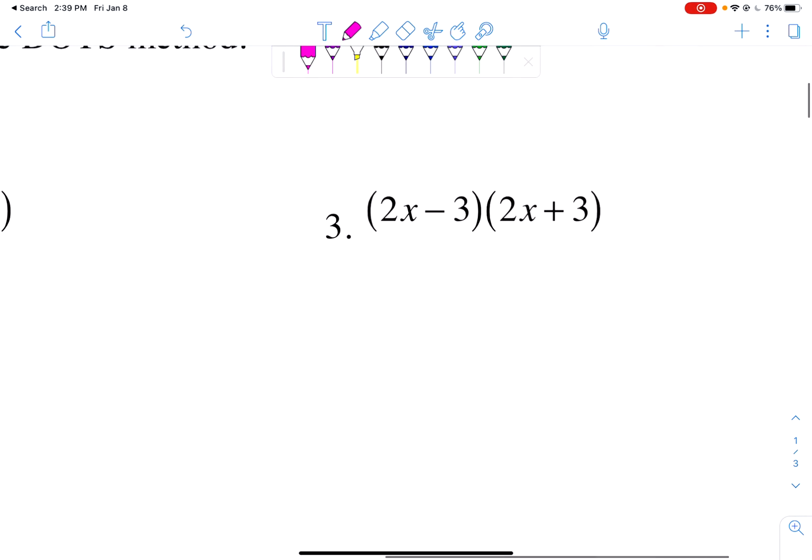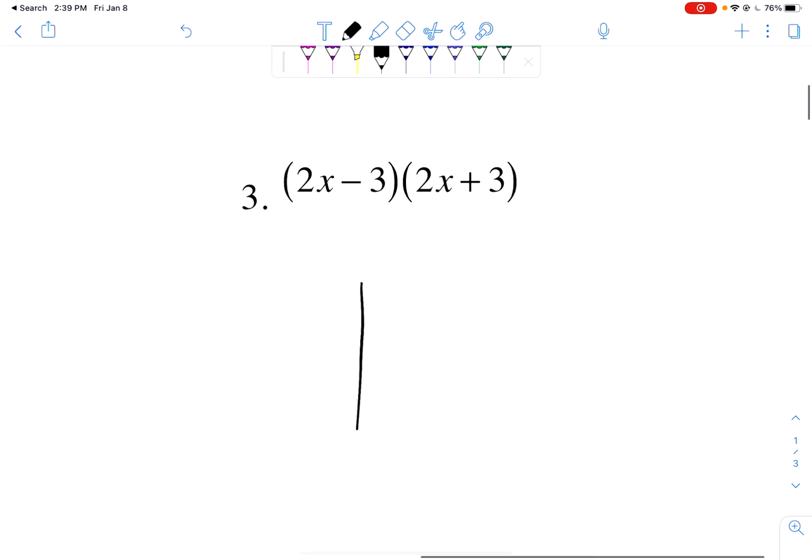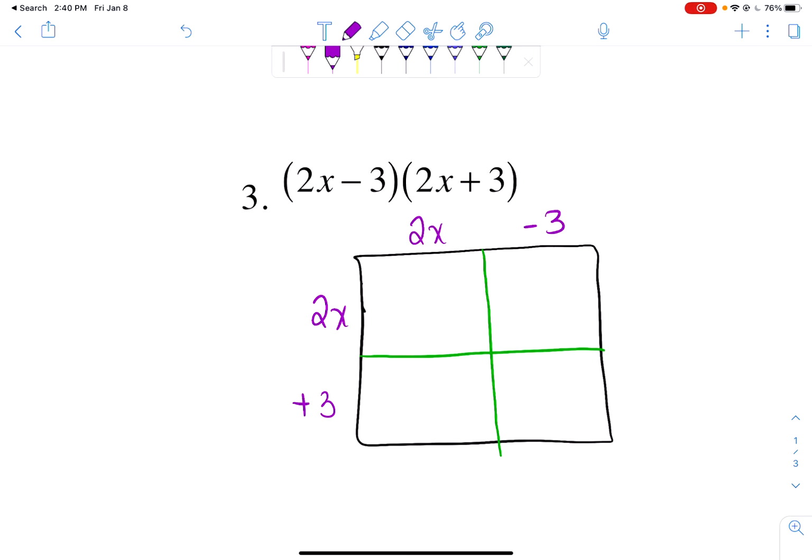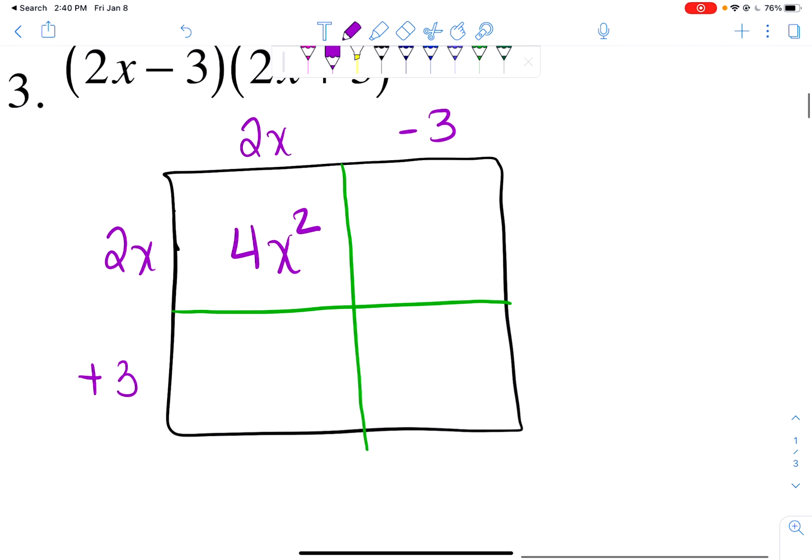Let's look at this next example where I have 2x minus 3 by 2x plus 3. Draw your box, make it perfect, nice and neat. So 2x minus 3, 2x plus 3. 2x times 2x is 4x to the second power. 2x times negative 3 is a negative 6x. 3 times 2x is 6x.